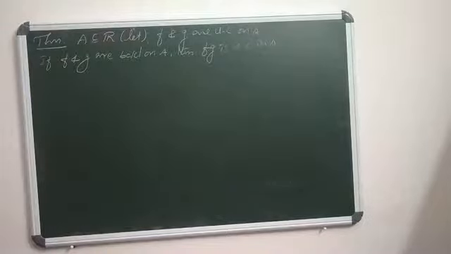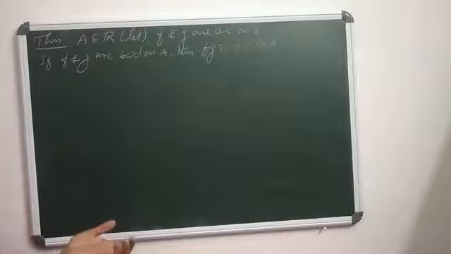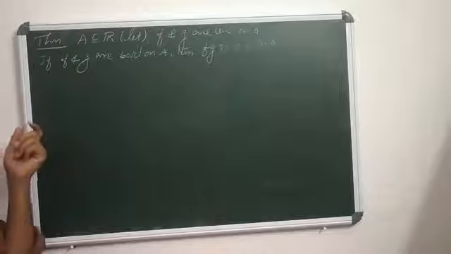In the previous class we saw that if f and g are continuous, then f plus g is continuous. There is no such restriction. But here, if f and g are uniformly continuous functions, then their product is uniformly continuous only when they are bounded.